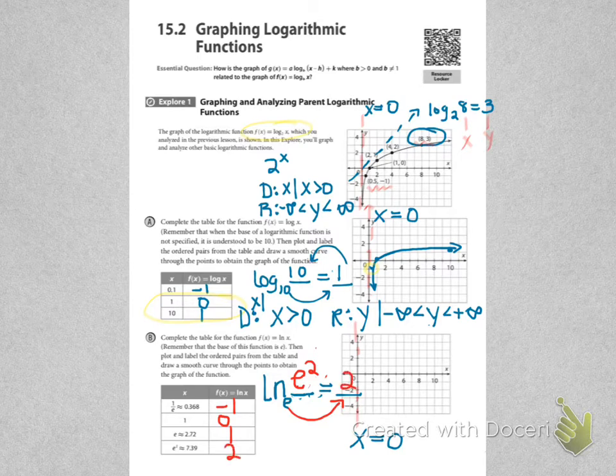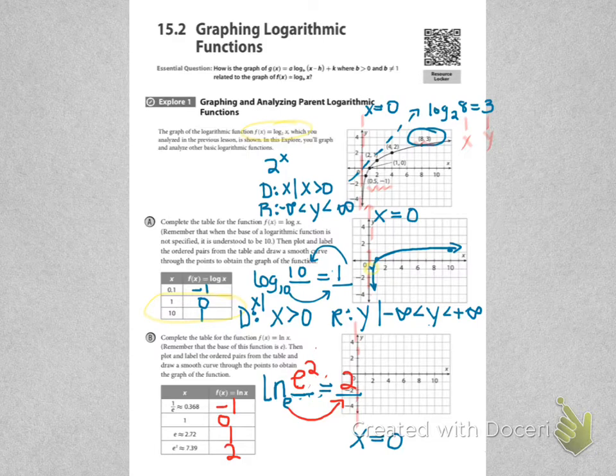So I could take these points now and plot them on my graph, and I would see something that looks very similar to the prior two graphs, but because the base now is about 2.718, it's going to have a little bit different steepness as it curves, but the asymptote's going to still be the same.